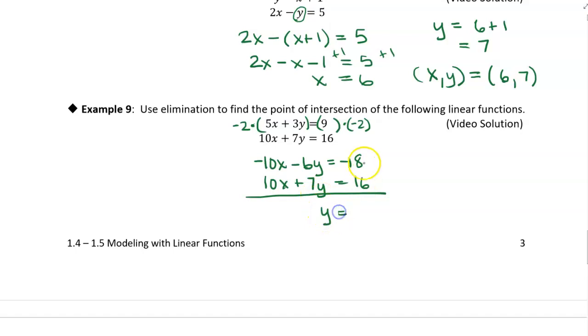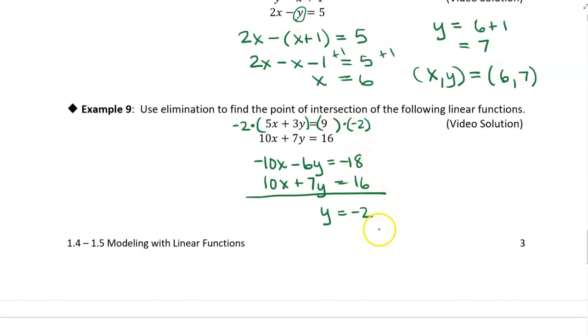And then -18 plus 16 is -2. And voila, I found that y is equal to -2. I eliminated the x variable there, and multiplying that first equation by -2 allowed me to do that.